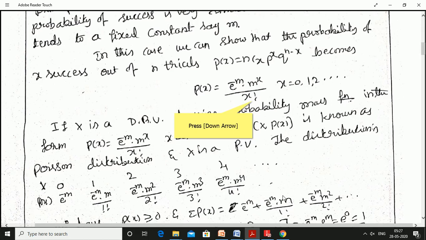Look at this, the distribution on expansion, for x equal to 0, 1, 2, 3, 4, and so on. The corresponding probability values: when x is equal to 0, it is e power minus m. When x is equal to 1, e power minus m into m power 1 divided by 1 factorial. When x is equal to 2, e power minus m, m square divided by 2 factorial. When x is equal to 3, e power minus m, m power 3 divided by 3 factorial, etc.